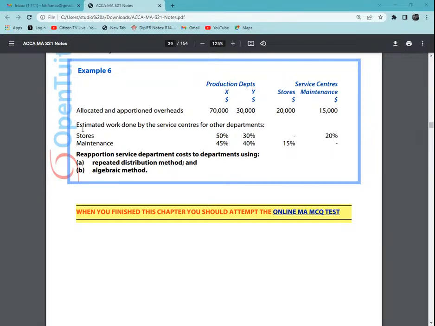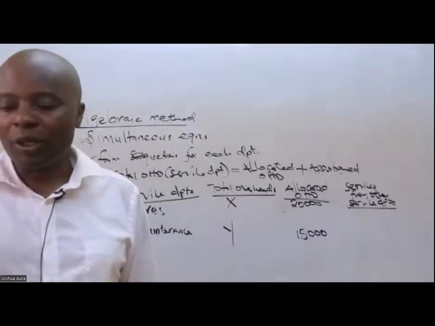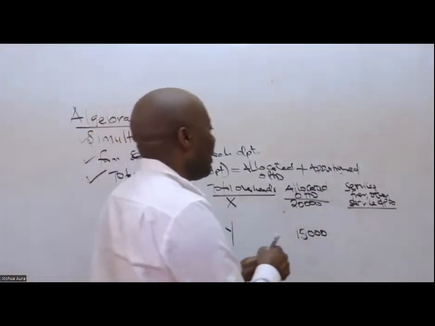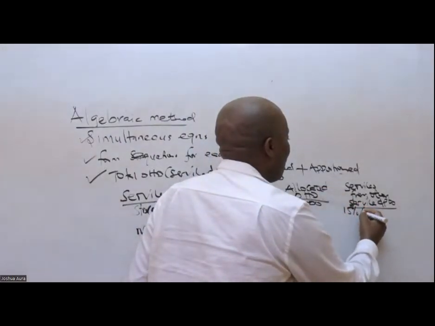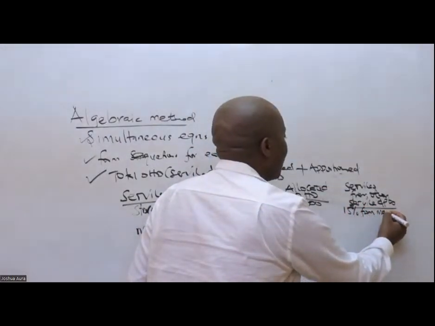Stores from stores, nothing. But you see, stores from maintenance, we got 15%. Maintenance gave us 15% of the work. So in this case here, stores got 15% from maintenance.